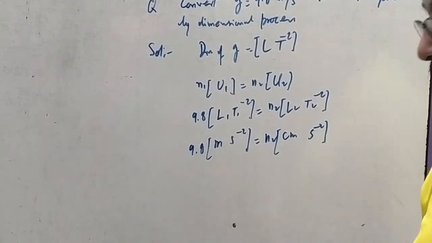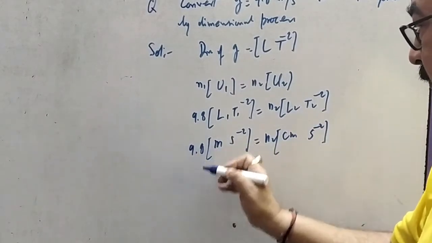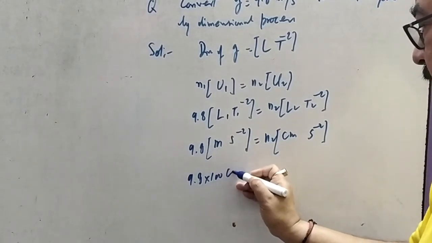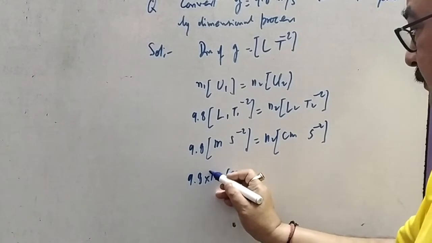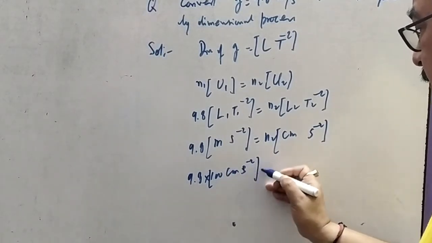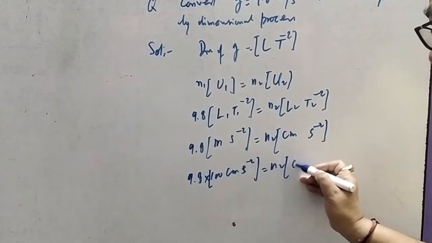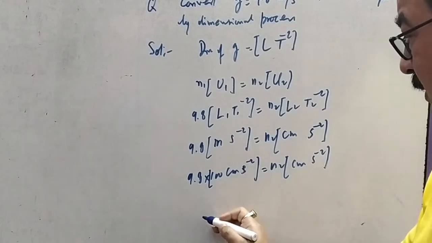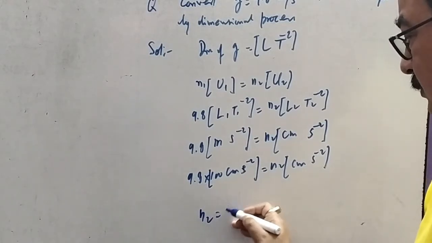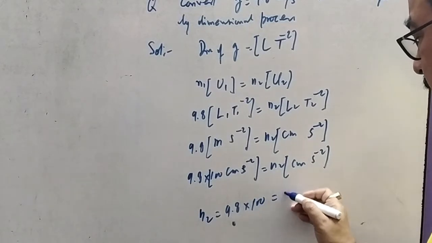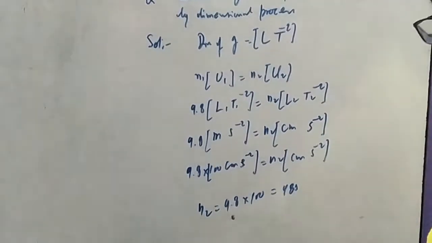Seconds cancel out, and here this meter is converted into centimeter, and the rest of the things cancel out. Ultimately we are left with N2 equals 9.8 into 100, that is 980.